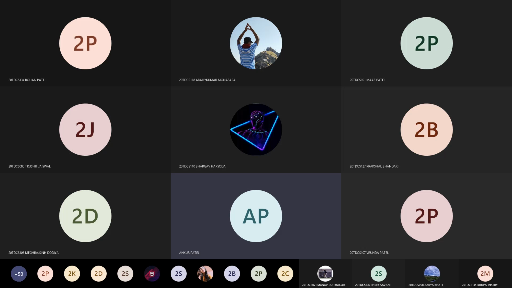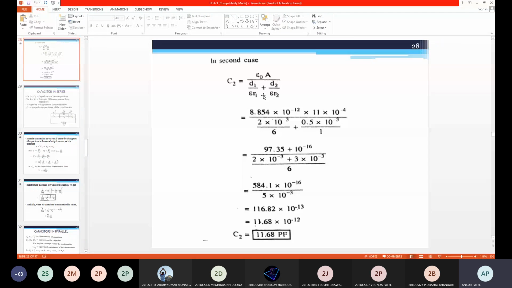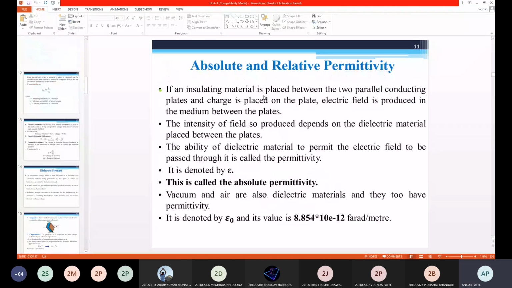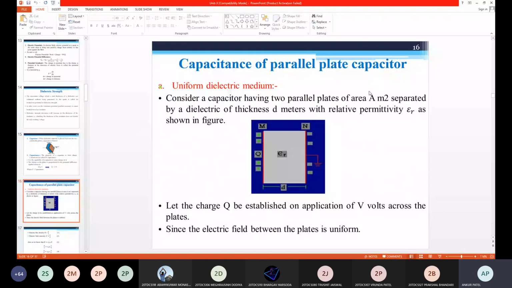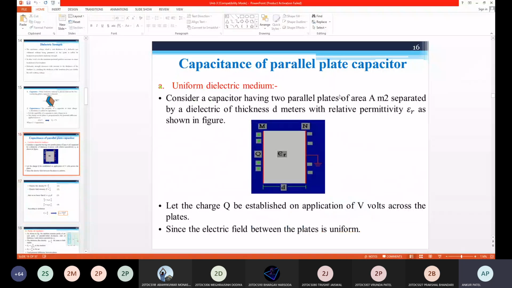So in continuation of electrostatics, in the last lecture we covered the capacitor with a uniform dielectric medium, then partly air medium, and composite dielectric medium. We derived the equations for different dielectric materials for the parallel plate capacitor.